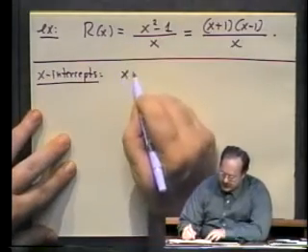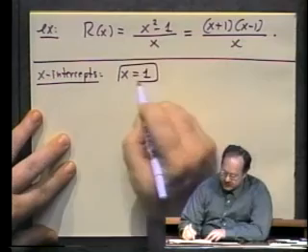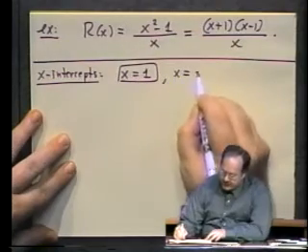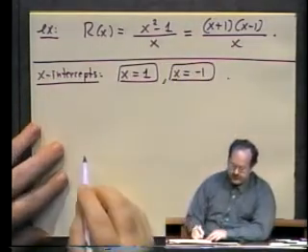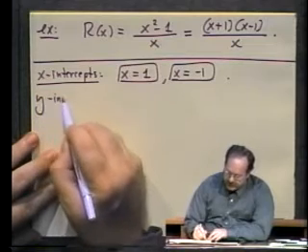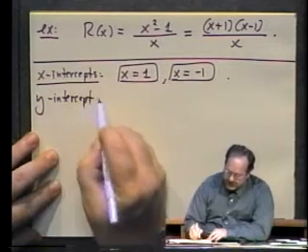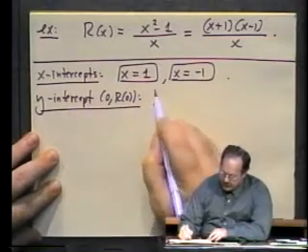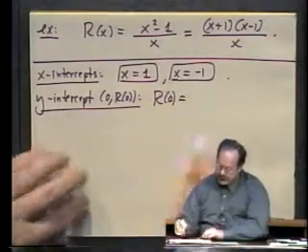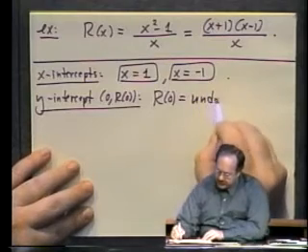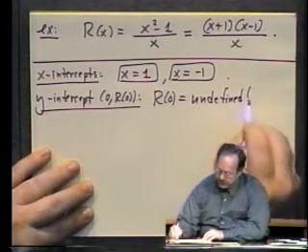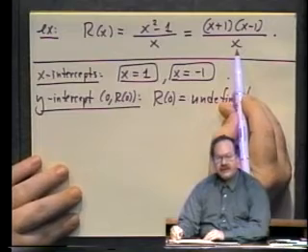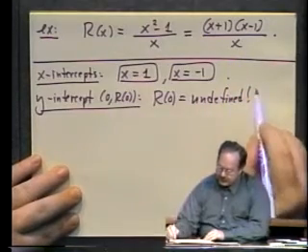So the x-intercepts will be where the top is 0, that's x equals 1 or x equals minus 1. The y-intercept, again, just running through this, is going to occur at r of 0. So I compute r of 0, which I need to do, and I have something that's undefined, because I cannot divide by 0. So that means there are none.